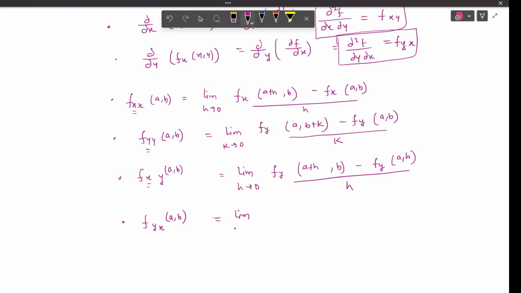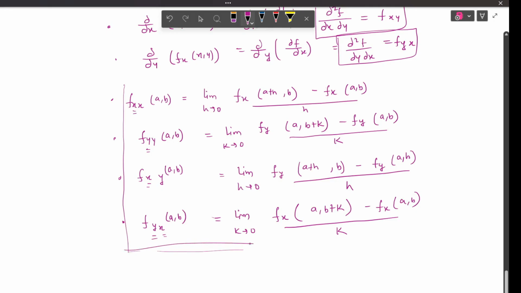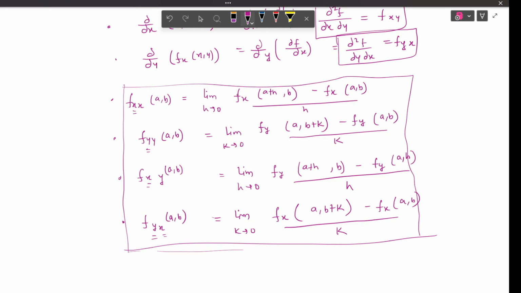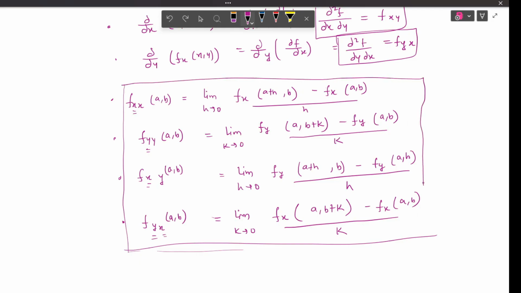So the limit, let's say k tends to 0, now we have to add in y. The first function is the partial derivative with respect to x, so f_x(a, b plus k) minus f_x(a, b) upon k. So remember this whole thing because it is extremely important.